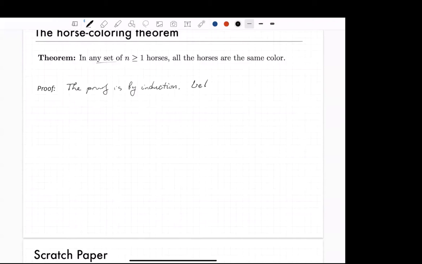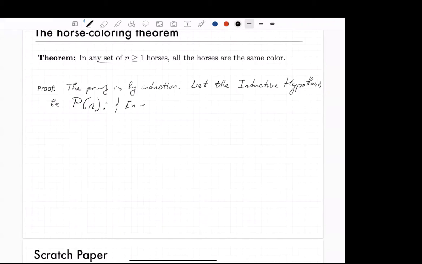Let the inductive hypothesis be P(n). Let me rephrase this to be clear. Every set of n horses that you take, they're all of the same color.